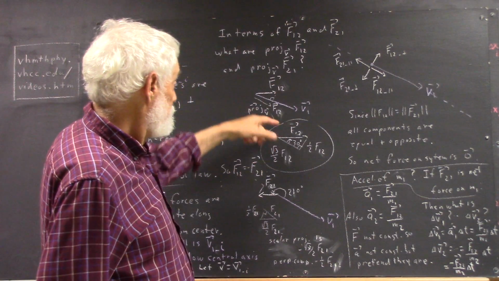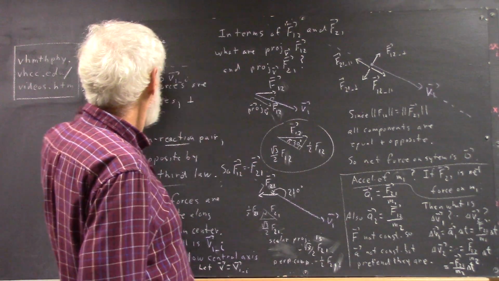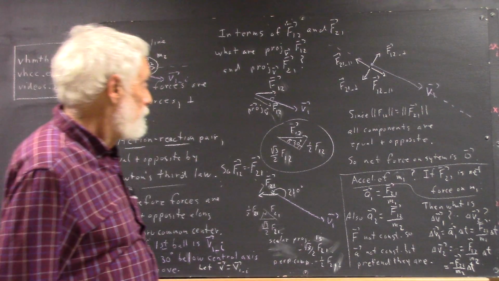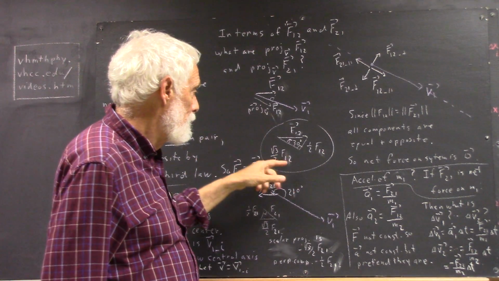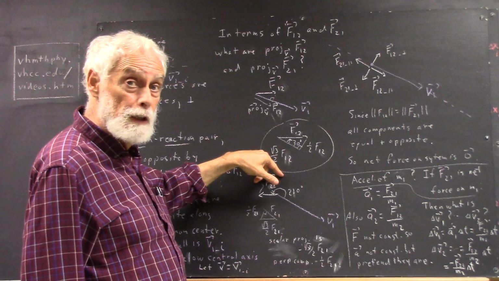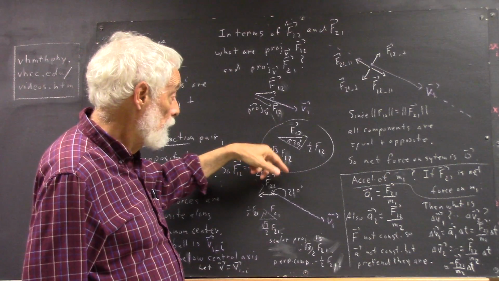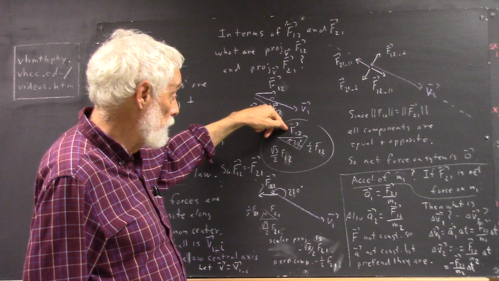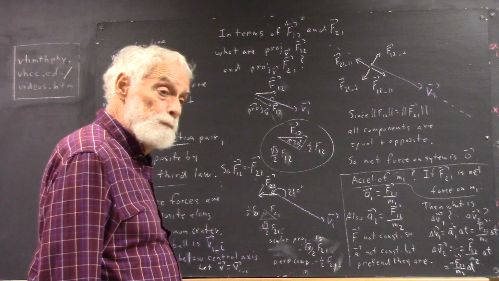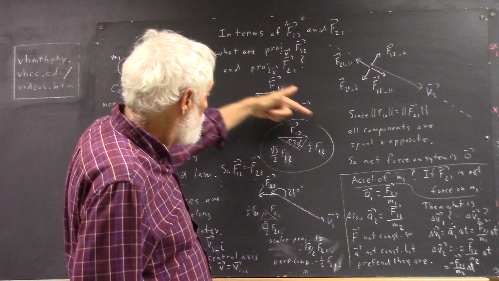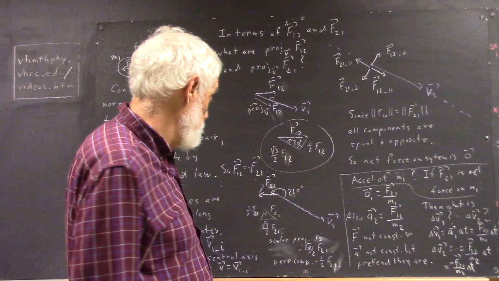And for the F12 vector, the projection onto the velocity is going to have this magnitude. The scalar projection will be square root of 3 over 2 times F12, where F12 is the magnitude of the F12 vector. And the component perpendicular to V1 is going to be 1/2 F12.